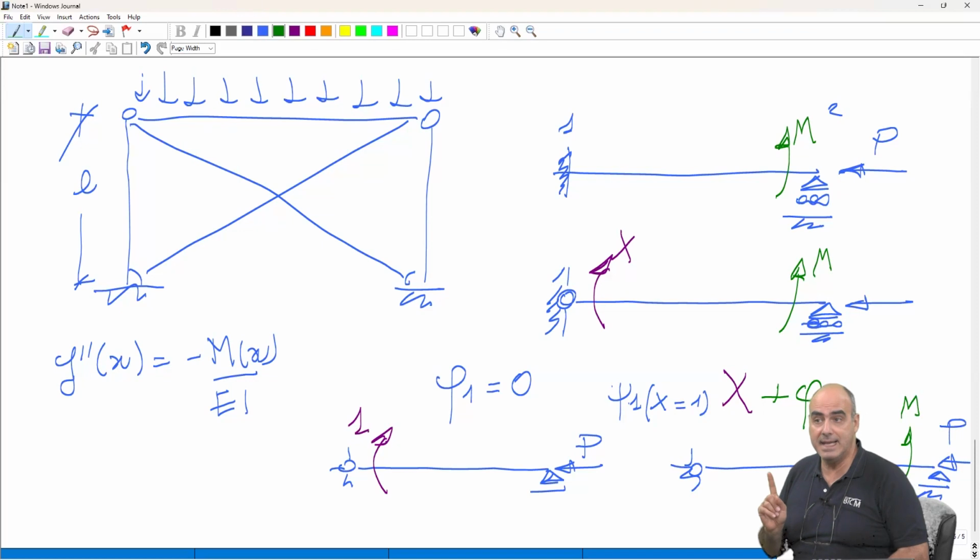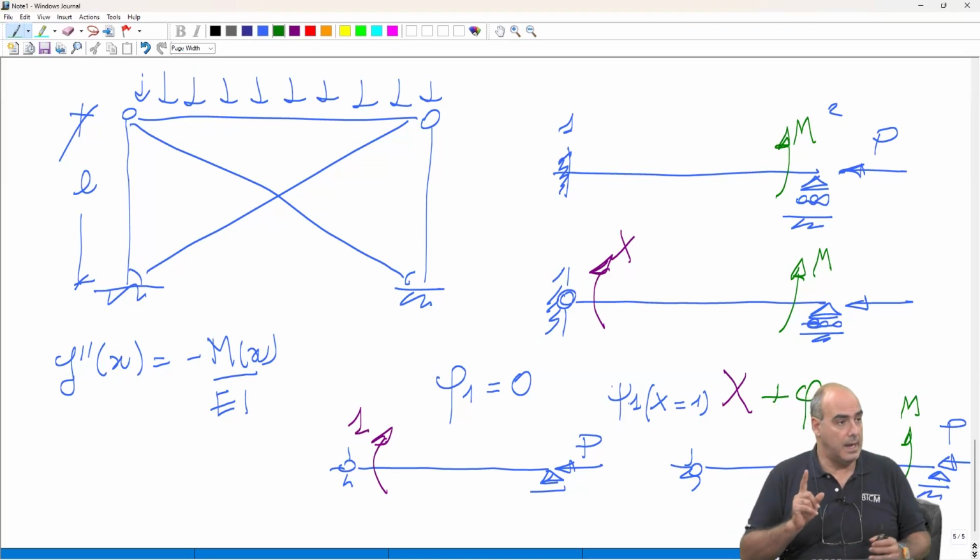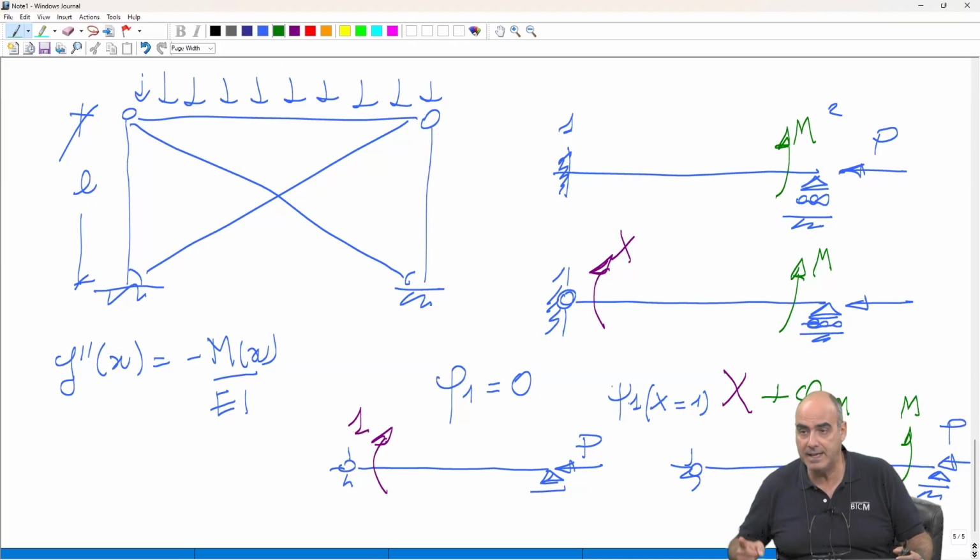As we said yesterday, we apply the principle of superposition of effects, but always with the same value of the axial force.